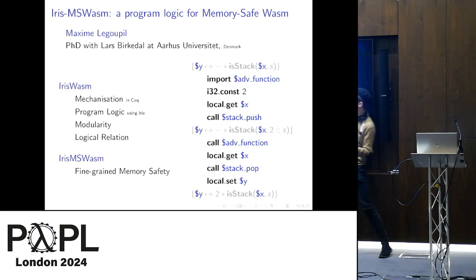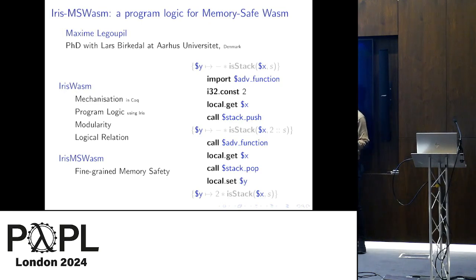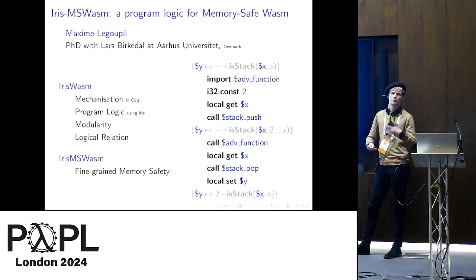I have the full program logic that allows me to prove theorems about the behavior of programs written in memory-safe WASM, and I also have a logical relation that allows me to make proofs of robust safety in the presence of unknown code.